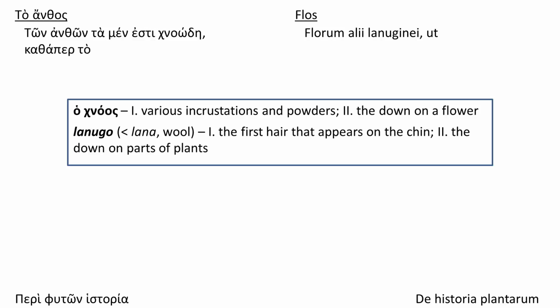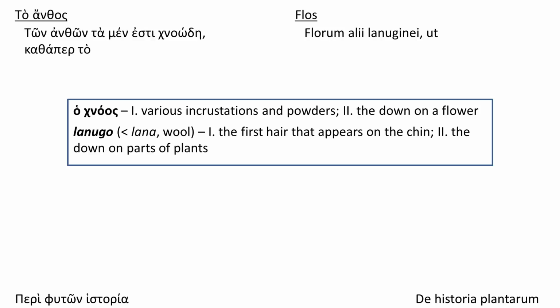The Romans called this lanugo, from lana, wool, and lanugo and lanuginous mean the same in botany today. Knoodes may be translated as downy, but Theophrastus applied the term broadly, and I have also seen it translated as hair-like and as capillary, which in botanical terminology today means hair-like.